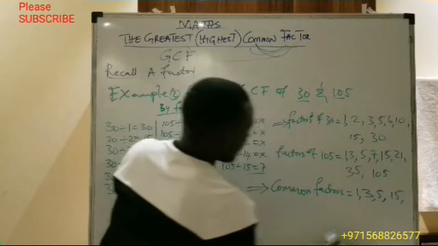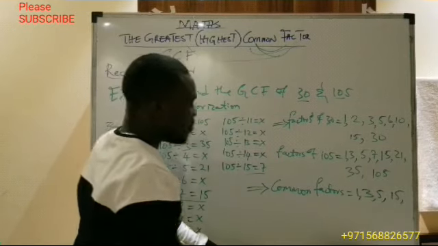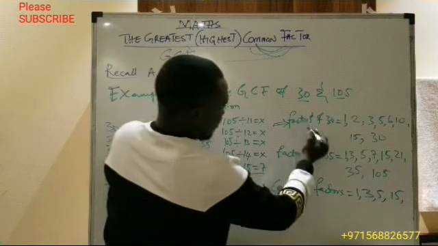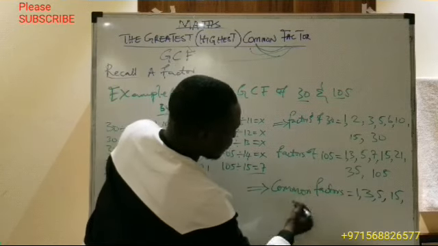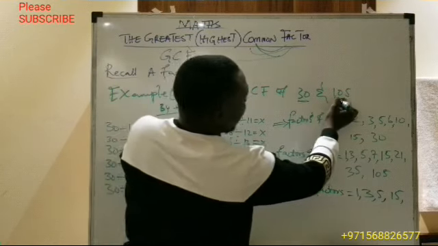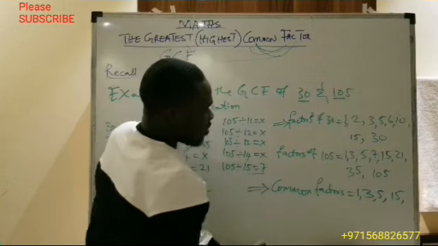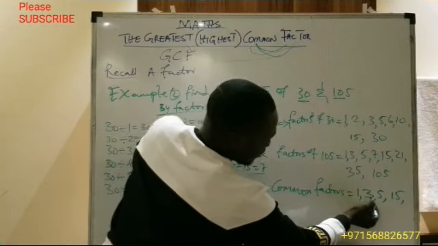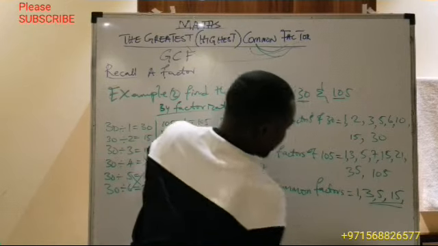There's no other numbers that appear. It then means that the common factors between 30 and 105 are 1, 3, 5, and 15.